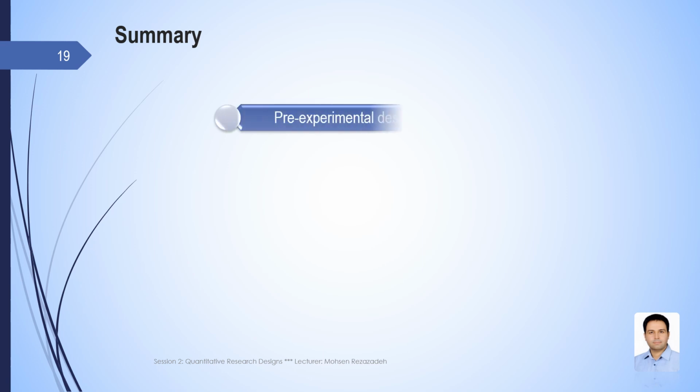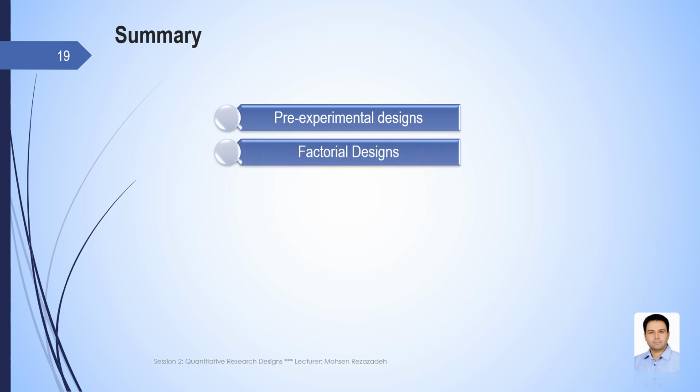We started this session by introducing pre-experimental designs, and we said that we have three types of pre-experimental designs. Then we talked about factorial designs and also validity. We said that there are two types of validity, internal and external validity.